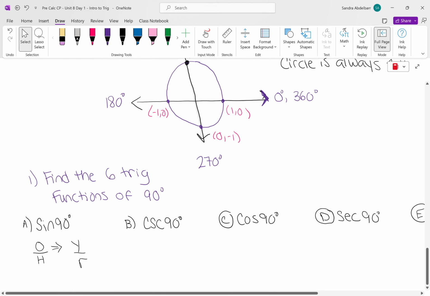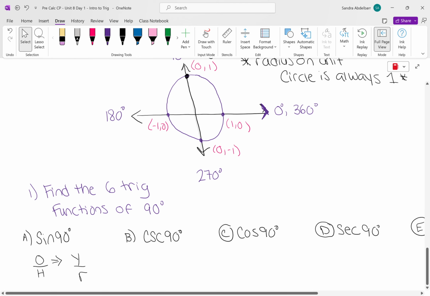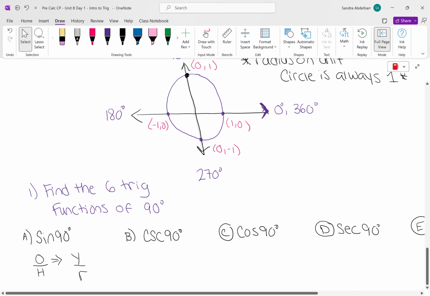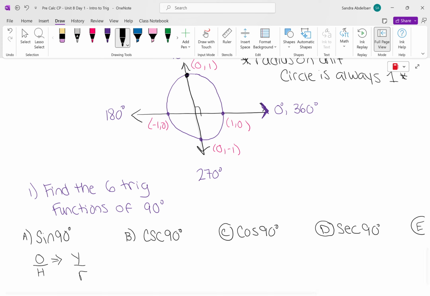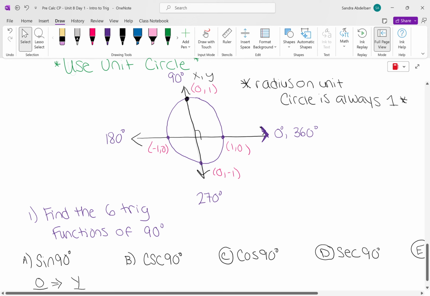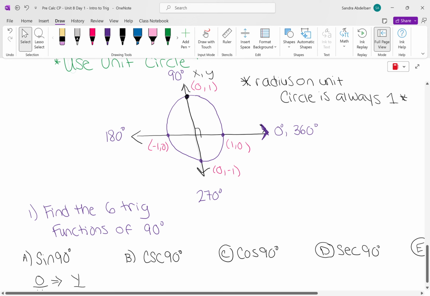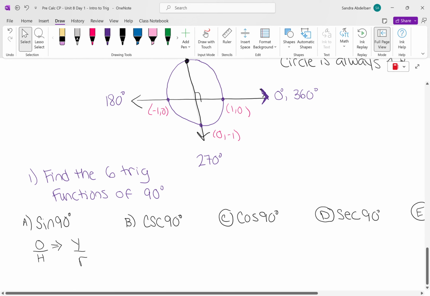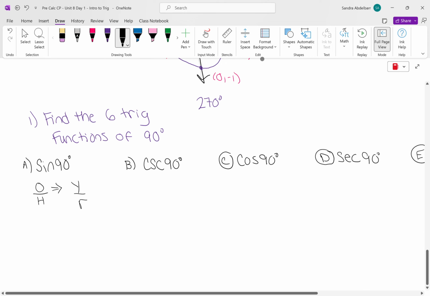So when I say find the sine of 90, we're not going to use opposite over hypotenuse because we don't have that. Because it's the right angle, we don't have an opposite versus hypotenuse. But what we are going to use is y over r. So what's the y coordinate at 90 degrees? 1 over the radius, which is 1.